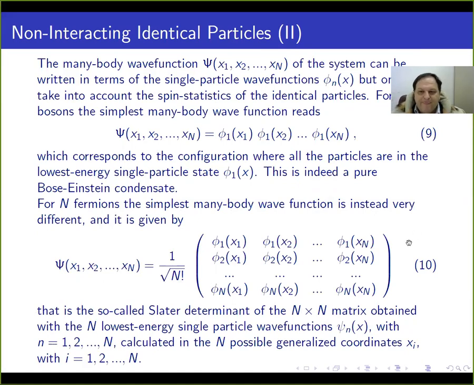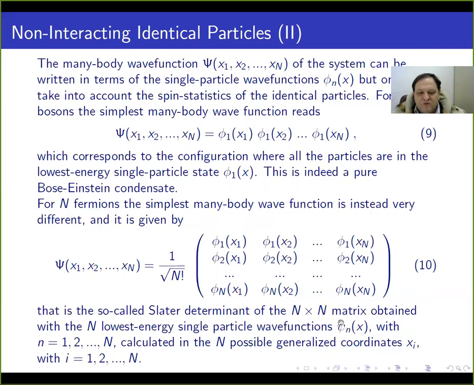And then you have the determinant here. You have to calculate the determinant of this matrix, and obviously it is a scalar. This is called the Slater determinant of the N by N matrix obtained with the capital N lowest energy single particle wave functions.